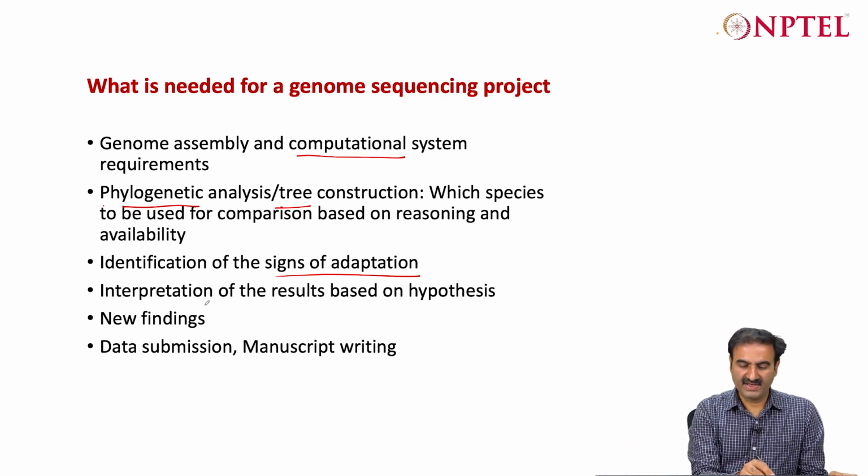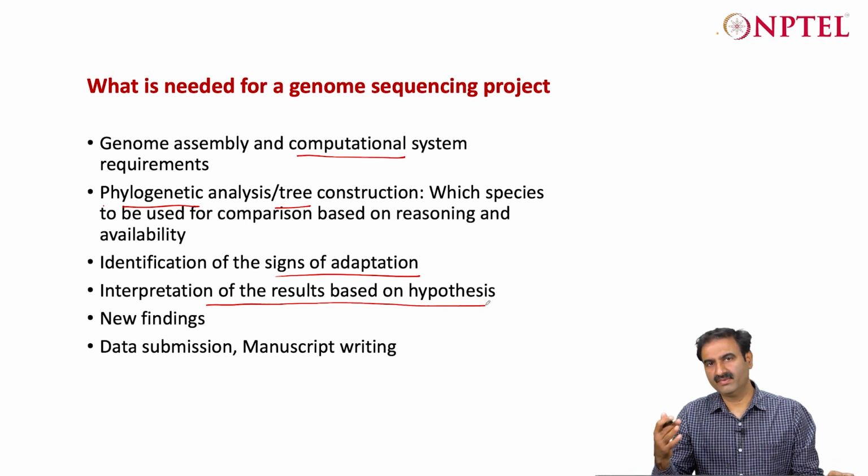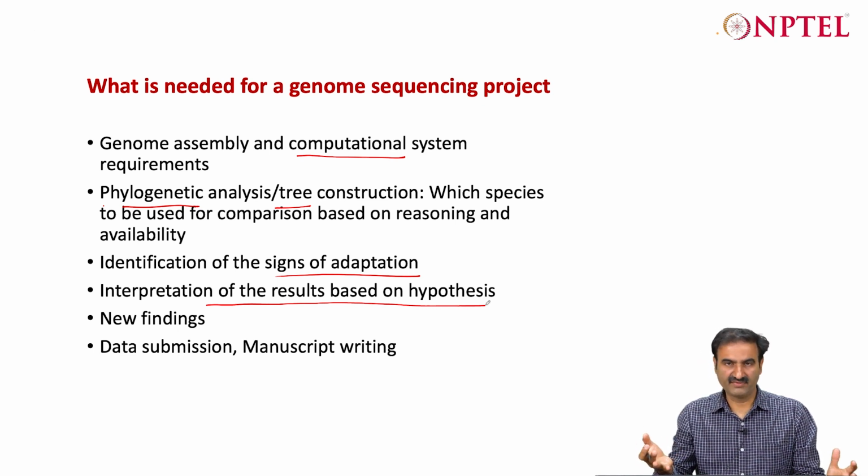Then you have to interpret the results, and there should be a hypothesis with which you started, which you may test. It could be true, or you may find something more to support that hypothesis, or it may fail. In addition, you should keep an open mind, because there could be new observations, and you should interpret them in an unbiased manner and then go for the final interpretation of the results.